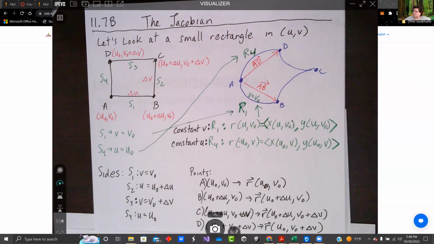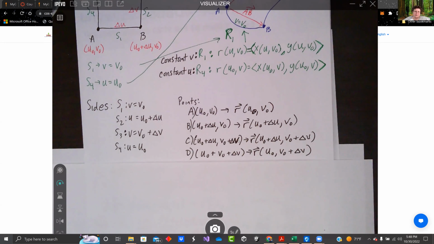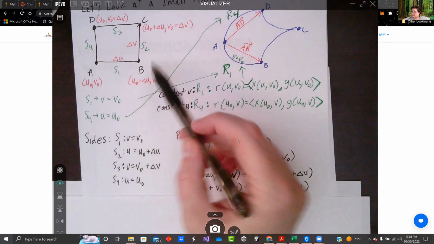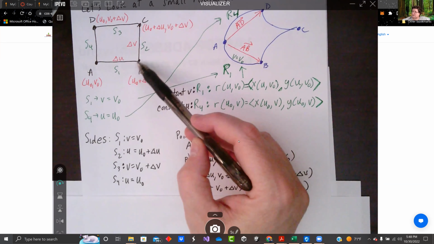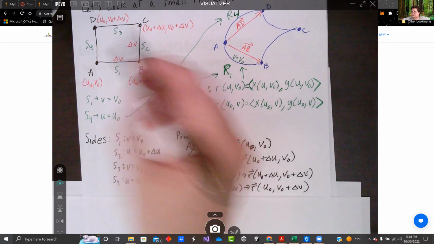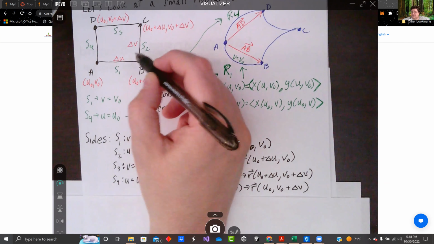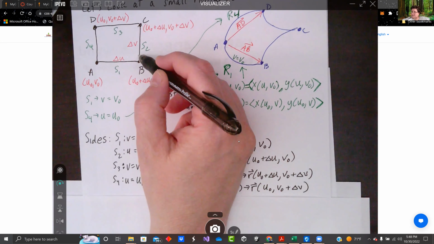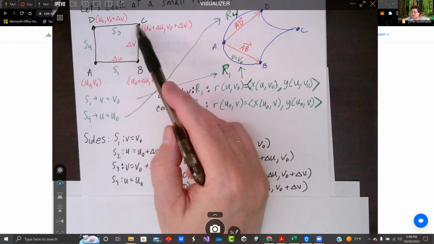So let's just look at how the whole thing would map out. Side 1, we have the sides of the rectangle. Side 2, u equals u naught, and we've shifted over, added delta u going this way. So u plus u naught is what's staying constant here, so v is changing over here. On side 3, v is constant and u is changing.